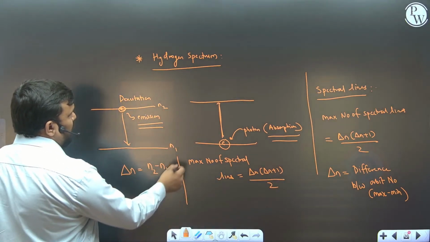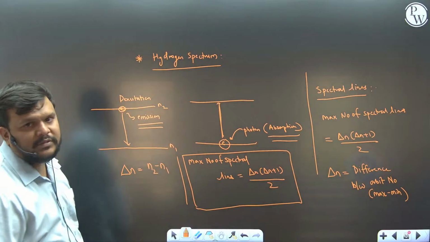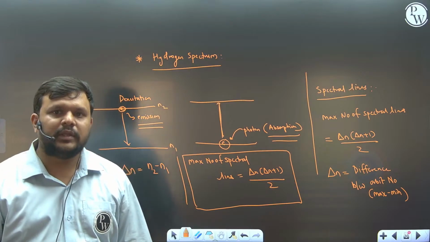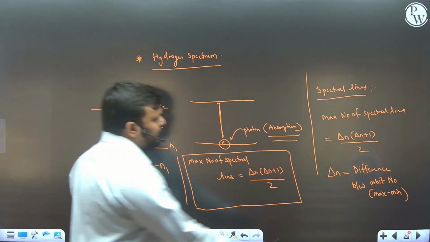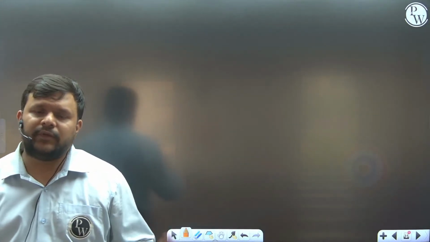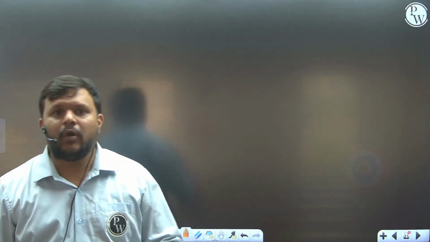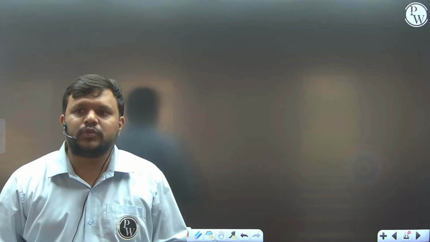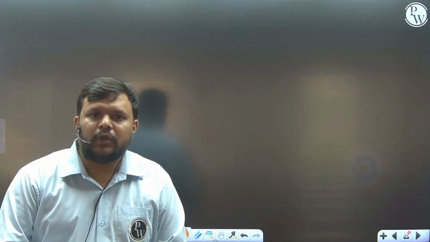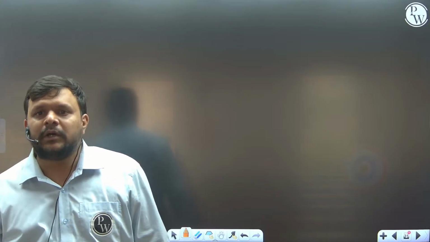Of course, these spectral lines will have photons of different spectrums. They can be in the UV region, they can be in the IR region, they can be in the visible region. Depending on that, the hydrogen spectrum is divided into different regions: Lyman, Balmer, Paschen, Brackett, Pfund, Humphreys. In the Lyman series, the electron gets de-excited only to the first ground state, and there we get the UV region.